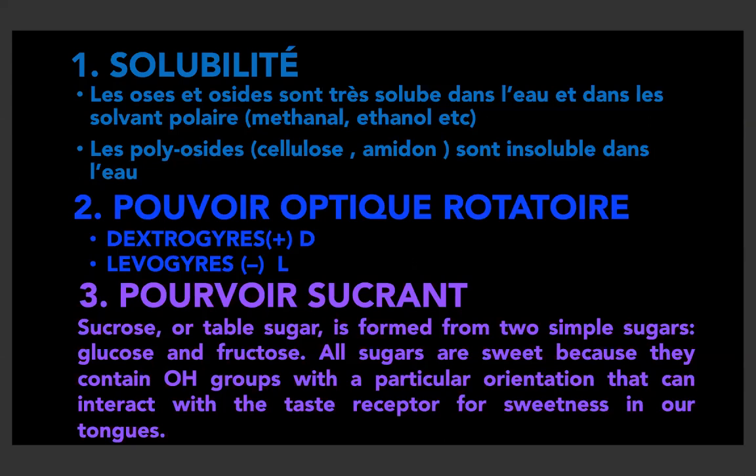It is because of the asymmetric factor that we talk about the pouvoir optique rotatoire, the power of optic rotation, or bien optic activity. So we have what we call dextrogyl compounds and levrogyl compounds.